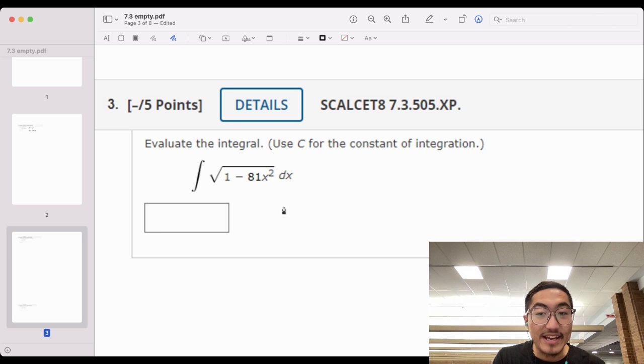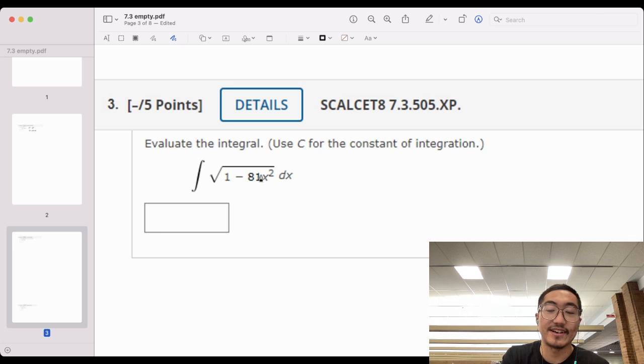Next, this is going to be a squared minus x squared. This is going to be x equal to a sine of theta.